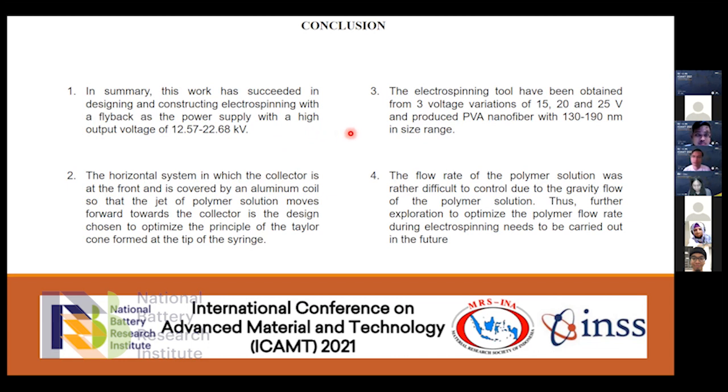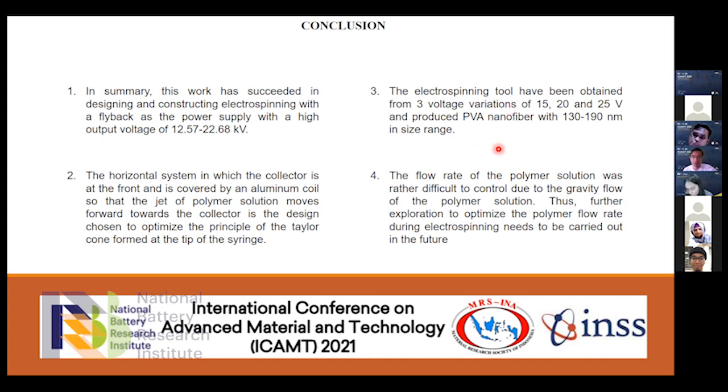And the electrospinning tool has been tested with 3 voltage variations of 15, 20, and 25 volts and produces nanofibers with a 130 to 119 nanometer size range. And the last, the flow rate of the polymer solution was rather difficult to control due to the gravity flow of the polymer solution.